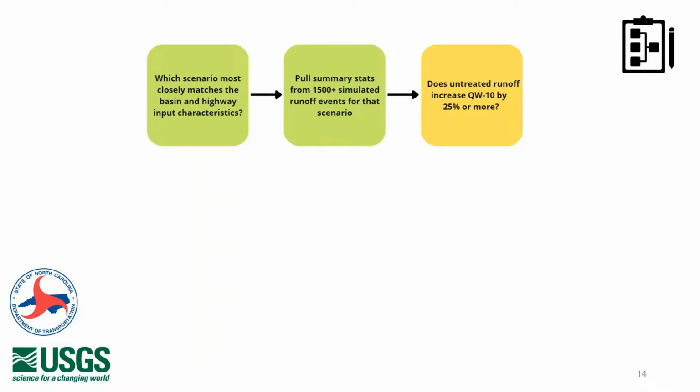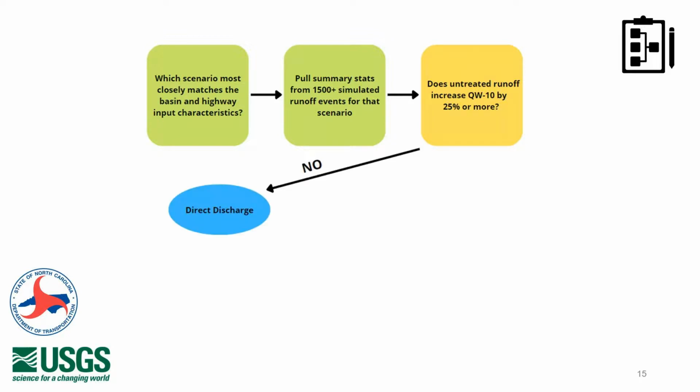Basically, what we have done is ranked all 1,500 rainfall runoff events, found the 10th percentile of events with the largest change. So it's a conservative estimate of downstream increases to concentration. And we basically ask the yes or no question of, is the 10% worst storm in terms of downstream concentration change greater than a 25% increase in that constituent?